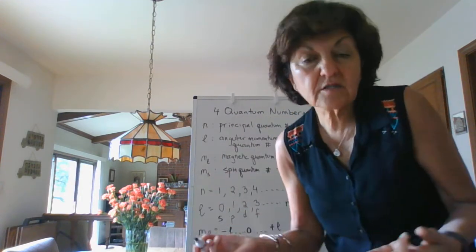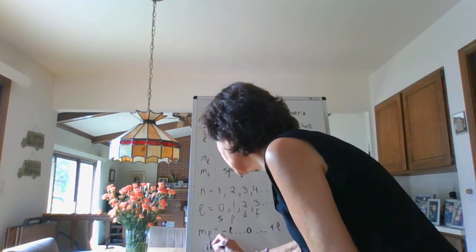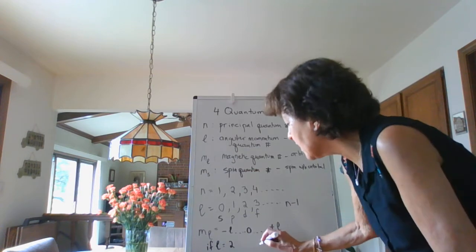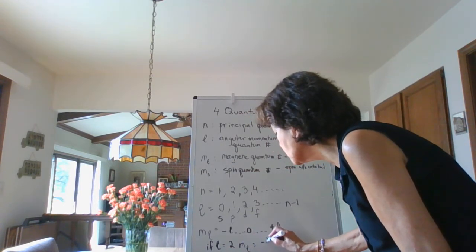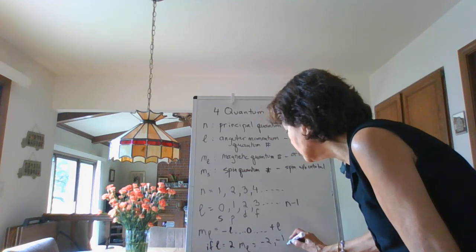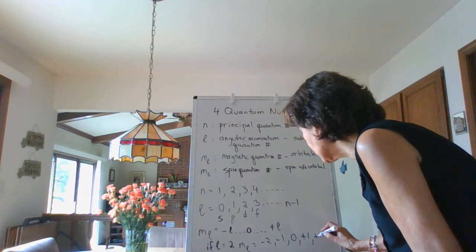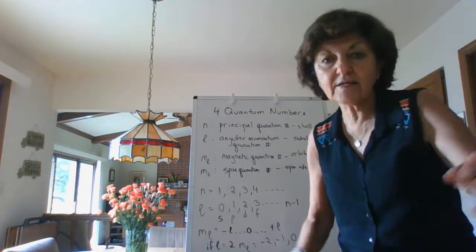So what are the possible ml values? I'm going to write here, if L is equal to 2, then the possible ml values would be minus 2, minus 1, 0, plus 1, and plus 2. Okay, that's how you can relate all of this.